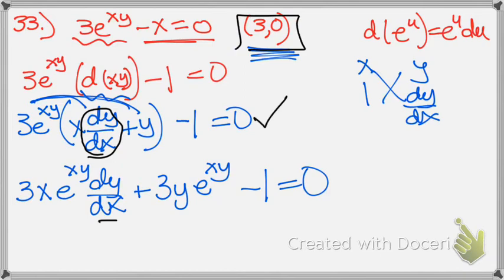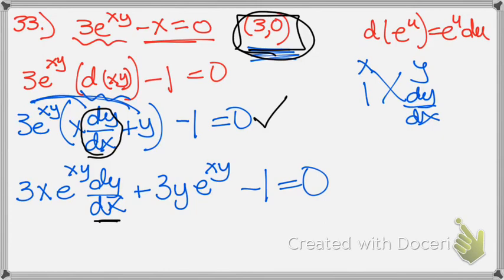You don't have to get the dy dx by itself before plugging in the x and the y. So rather than get the dy dx by itself, which is just a little bit more time consuming, it might be faster to plug in that x is 3 and y is 0 right now. Okay? So just wanted to give you a heads up.